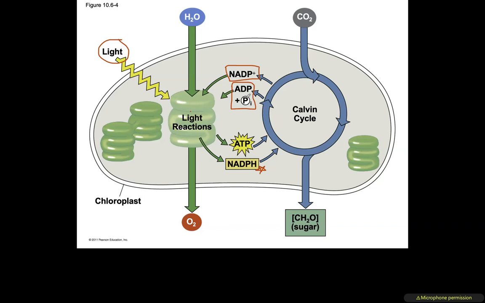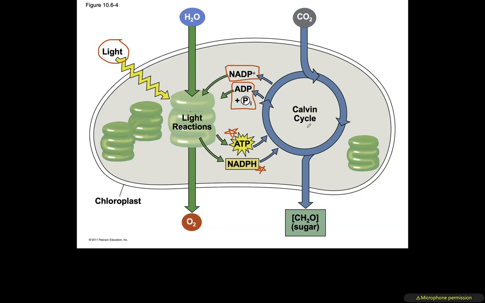So ADP plus a P comes in, and then in the light reaction, through the process of photophosphorylation, if you remember previous slides, it is going to be made into a high energy molecule called ATP. Boom.